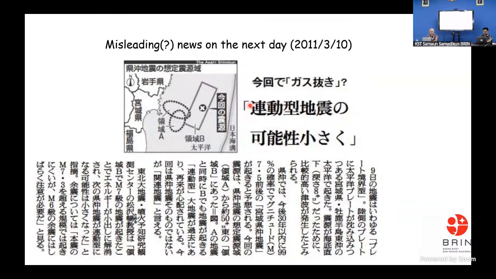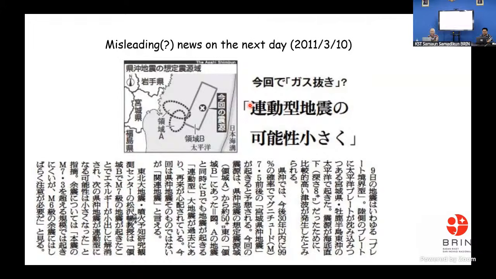Now we interpret this earthquake as a foreshock of the main earthquake on March 11.